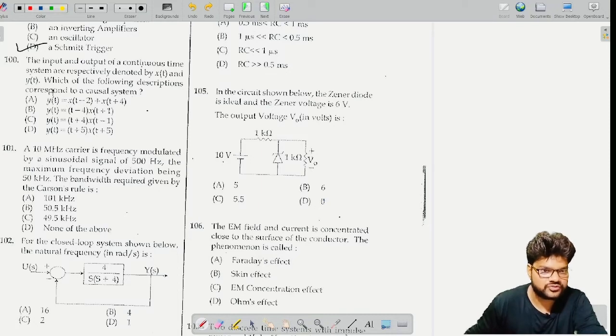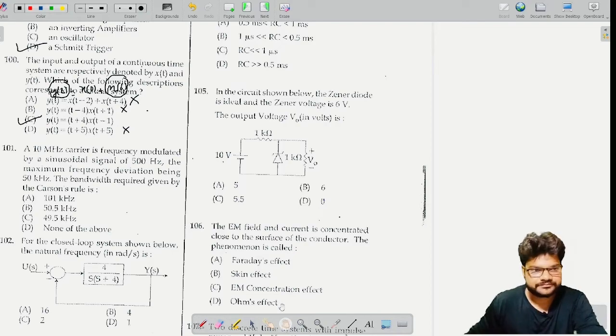If you put t equals to 2, then y(2) is going to be x of 0 plus x of 6. So we are finding the value at t equals to 2, but it is also depending on the value of input at t equals to 6. It means it is depending on a future value of input. So this is not a causal system. Similarly, this is not a causal system, this is not a causal system, so this is the causal system, right? So the correct option will be C.